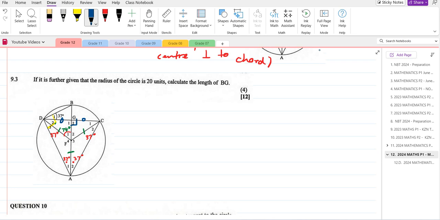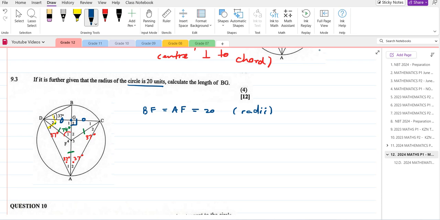If it is further given that the radius of the circle is 20 units, calculate the length of BG. To calculate the length of BG, remember BF equals AF, which is equal to 20. That's a radii. Okay.